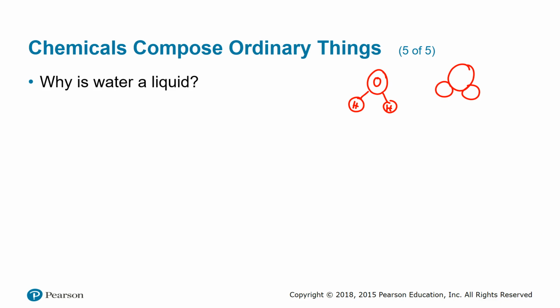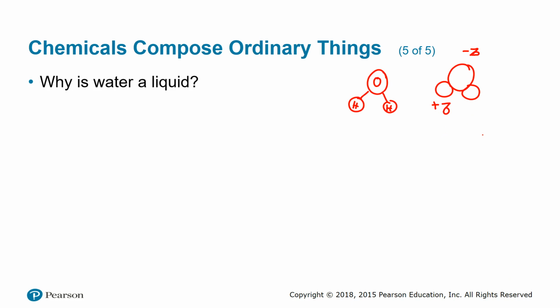What we do know about water is that it has an end of it that tends to be more negative and an end that tends to be more positive. And so we associate the hydrogen side as being the more positive, the oxygen side being more negative. What that means is there's a certain attraction between this end and that end.